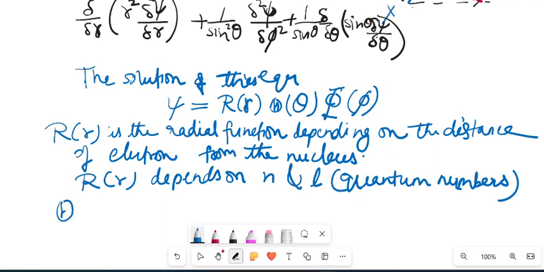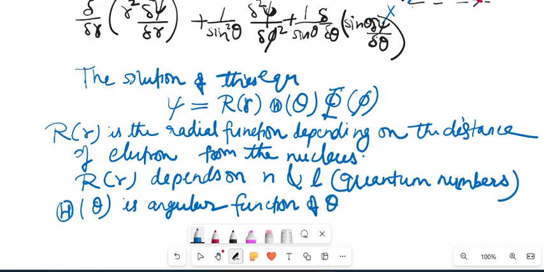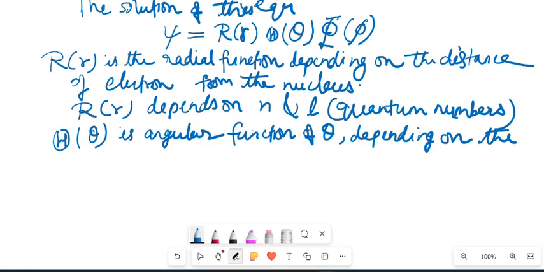Now, what is theta(theta)? It is the angular function of theta, which depends on the quantum numbers l and m.